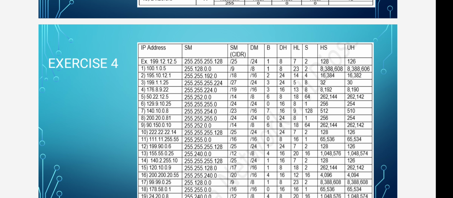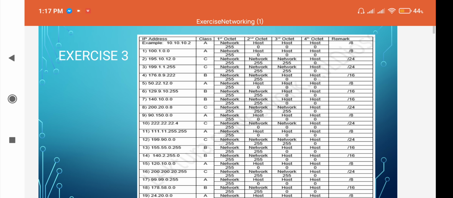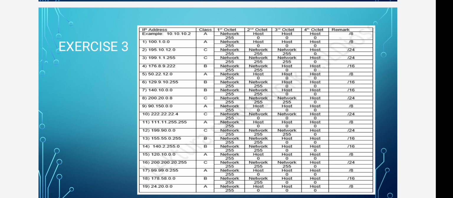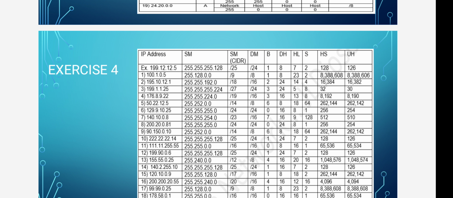The default mask, which a while ago I taught you how to determine, is the default bit mask of class A, B, and C. Next, the borrowed bits, the host left, how many subnets, and also the hosts per subnet, and the usable hosts of that subnetted IP address.